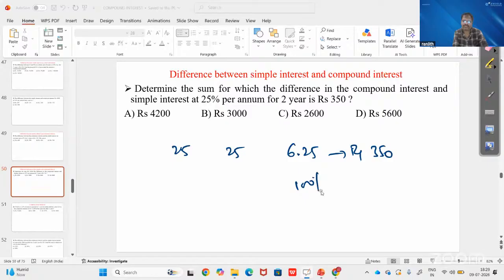Then 100 percent equals? In the 6 table, 35: 6 fours are 24, which is not possible, so 24,000 is not possible, and 3 times is also not possible. The correct answer is 5,600.